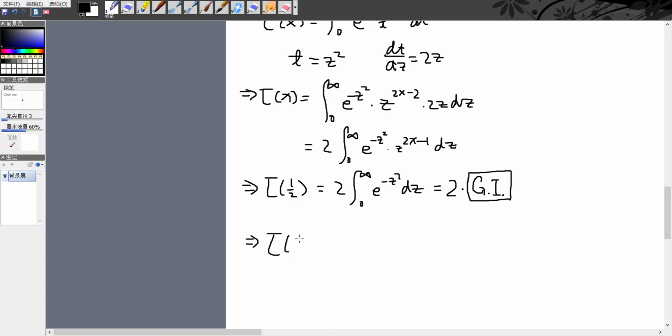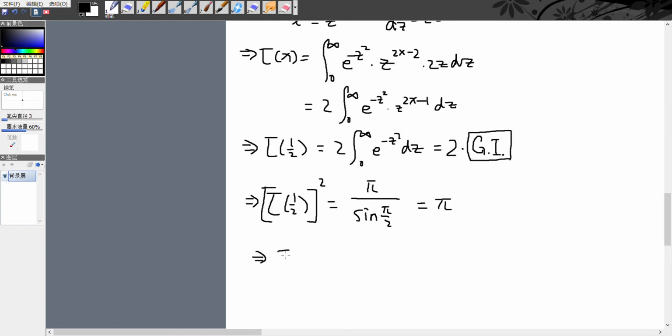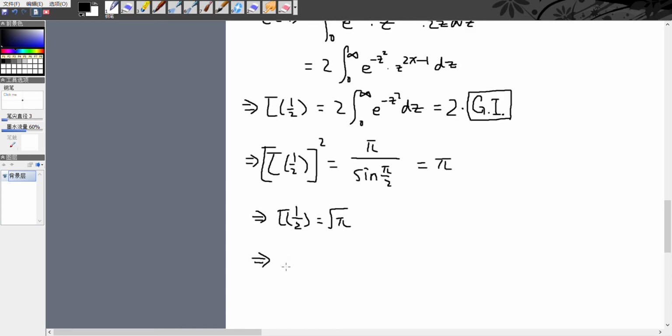So if we set x equals 1 over 2, we'll have gamma 1 over 2 squared equals pi over sine pi over 2, which is equal to 1, so this equals pi, which gives us that our gamma 1 over 2 is equal to the square root of pi, which gives us our Gaussian integral, the integral from 0 to infinity of e to the negative z squared dz, is actually equal to the square root of pi divided by 2. And this is our final result.